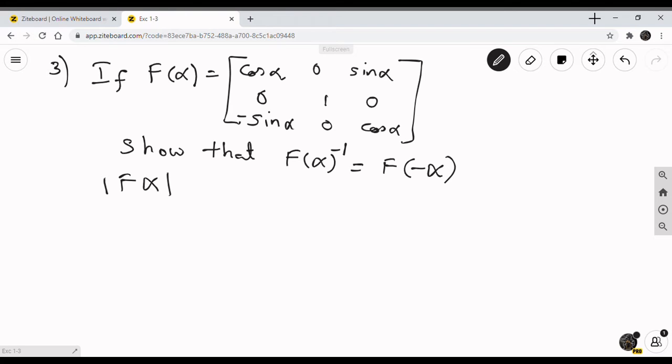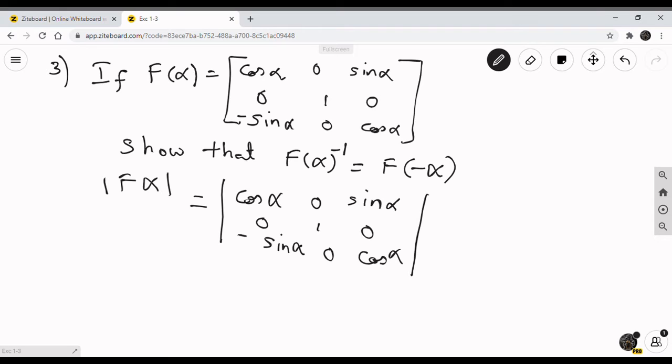If it is not equal to 0, it is non-singular, that is inverse exists. So now we will see the value of the determinant of f alpha. That is, expand this in the determinant method.